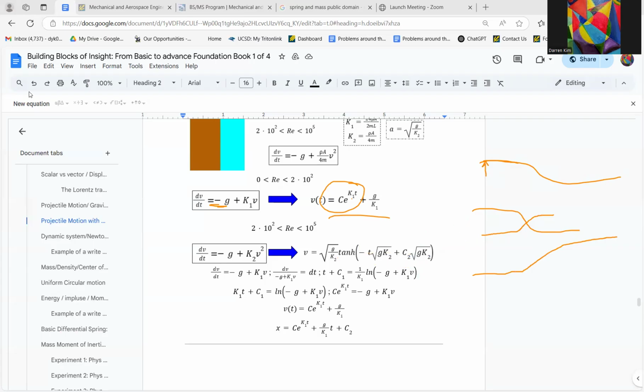This constant allows me to have it this way, where there's a constant negative velocity at the end of the day when you go to infinite time. Another way to look at it is to just put an absolute value here and put a negative sign here. It works better that way, honestly.